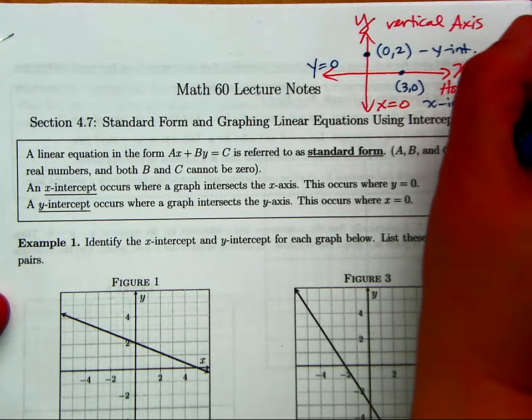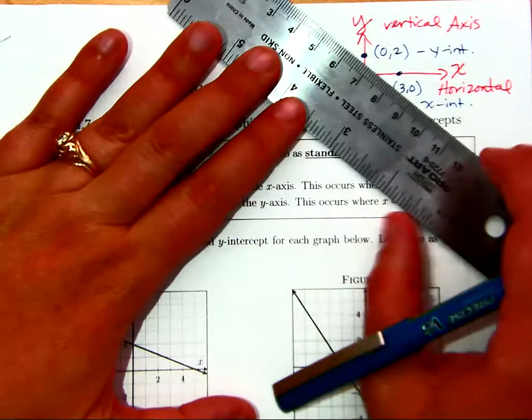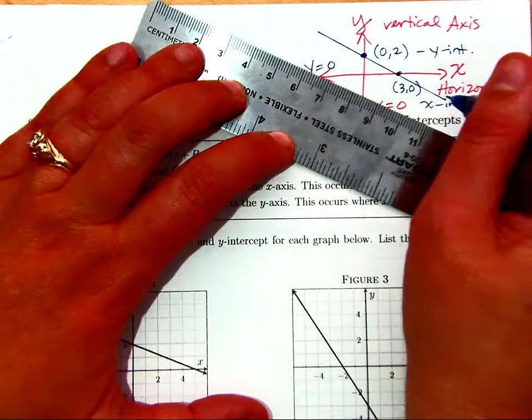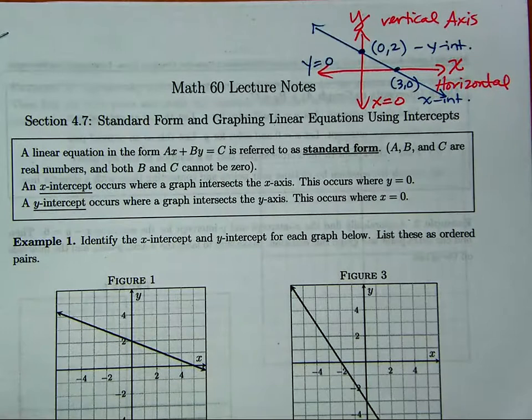And technically, how many points do you need to form a straight line? Yeah, 3 if you want to be safe. You technically only need 2 points to form a line. So if you have an x-intercept and a y-intercept, all you need are those 2 points. And that's the line between them, right?